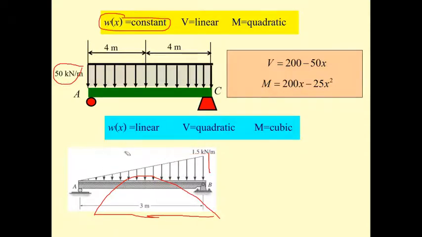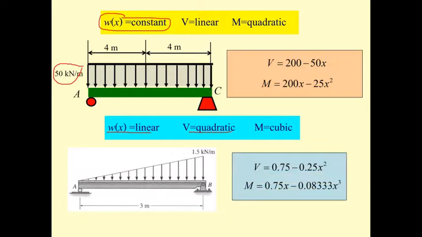Okay, and the last one, we have a beam subjected to triangular loading. When we have triangular loading, the distributed load is a linear function, so we have V as a quadratic function, and we have the moment as a cubic function like this.